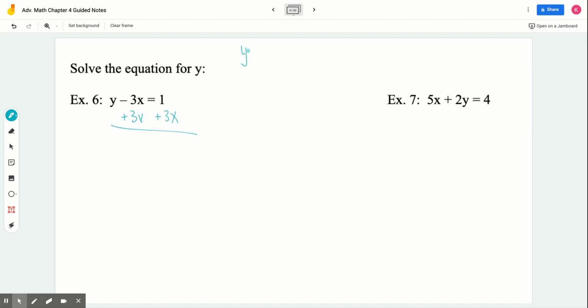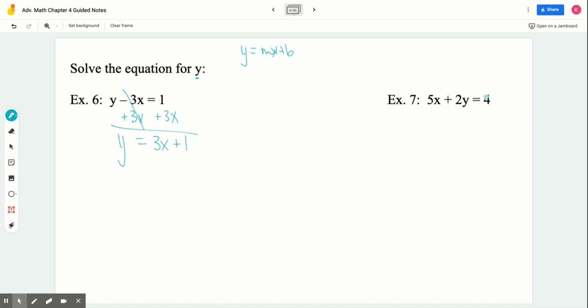Keep in mind that essentially we want to have our equations in that y equals mx plus b format. So minus 3x plus 3x cancels. We're left with y equals 3x plus 1.